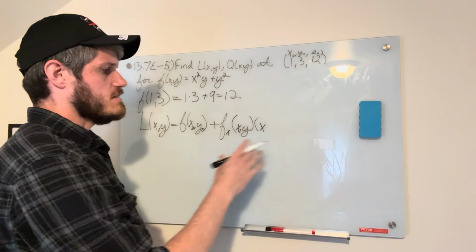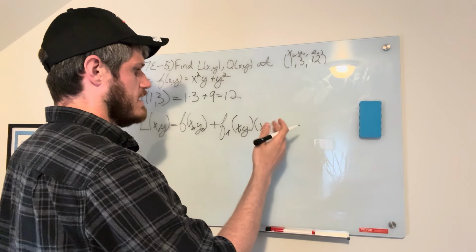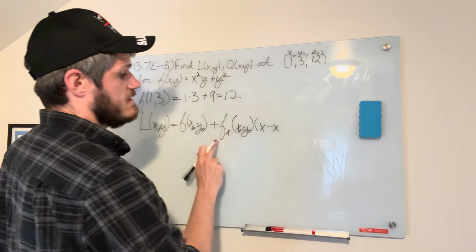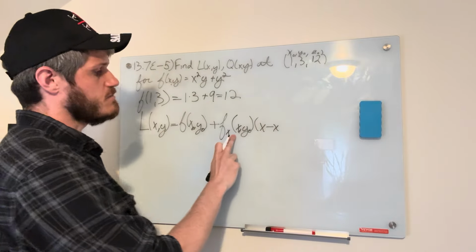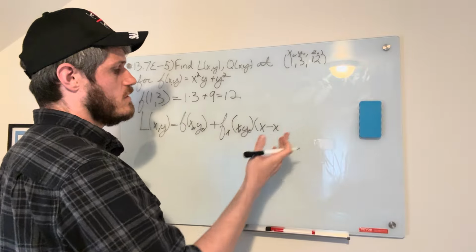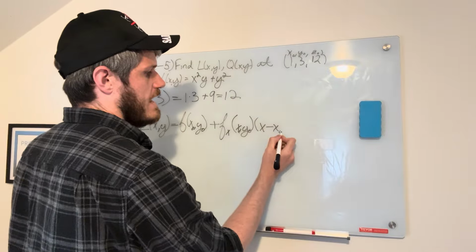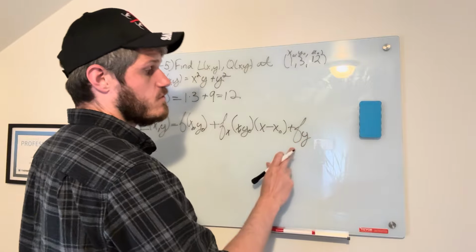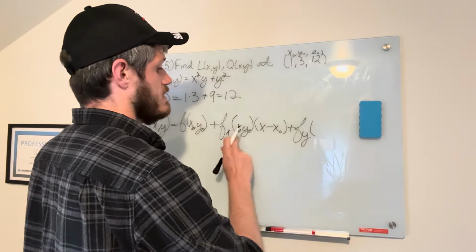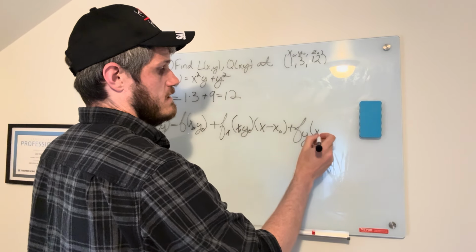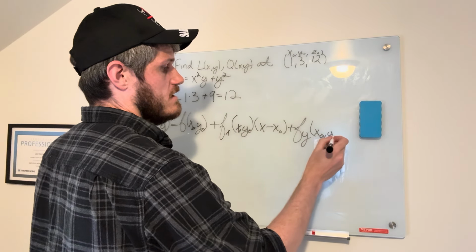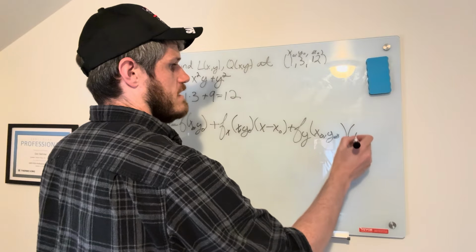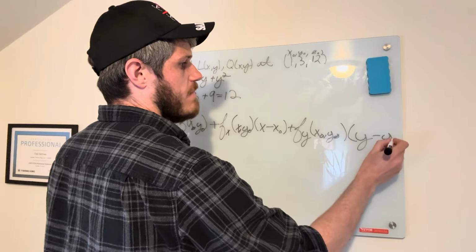And then it's very similar to a lot of other lines and planes and stuff like that. x minus, this is your first derivative evaluated at your point, x naught, y naught, or a, b, and then x minus x naught, plus your first derivative with respect to y of your function evaluated at your point, x naught, y naught, times this y minus y naught.